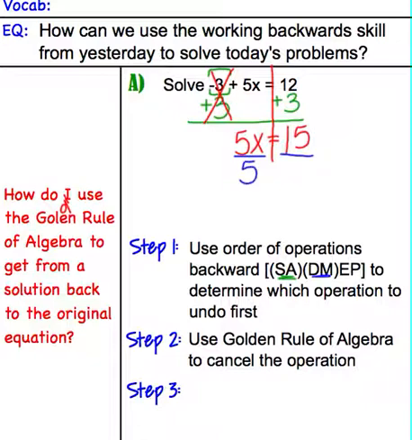So I'm going to divide by 5 on both sides, which will cancel out these 5's, because 5 divided by 5 is 1. And 1 times x, or 1x, we know can be written simply as x. Then I take 15 divided by 5, and we get 3.